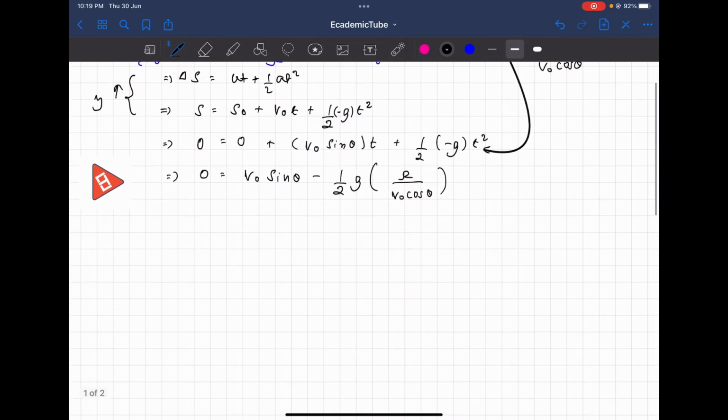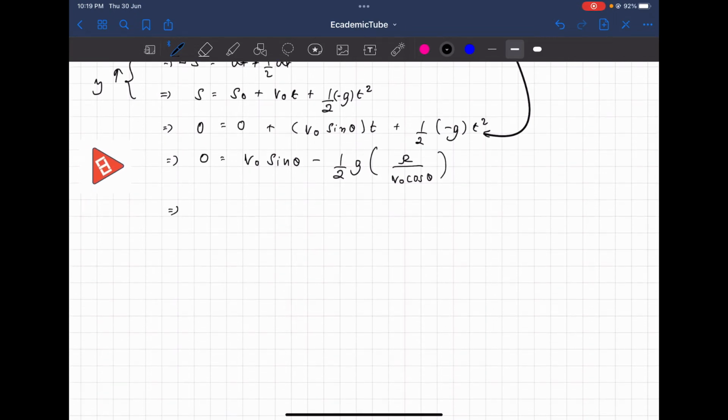Then from this equation we get range is equal to v naught square divided by g into sin 2 theta. So we got the equation of range.